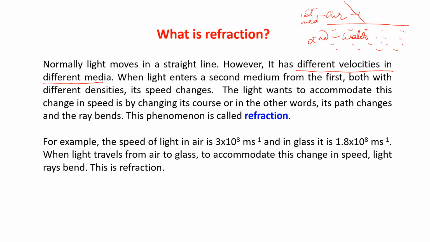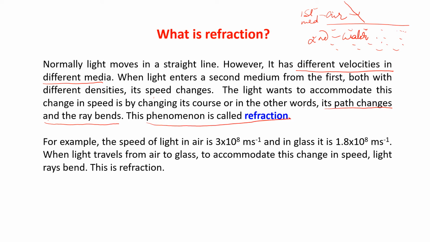Its speed changes. I think you have understood. The light wants to accommodate this change in speed by changing its course, or in other words, its path changes and the ray bends. This phenomenon is called refraction.